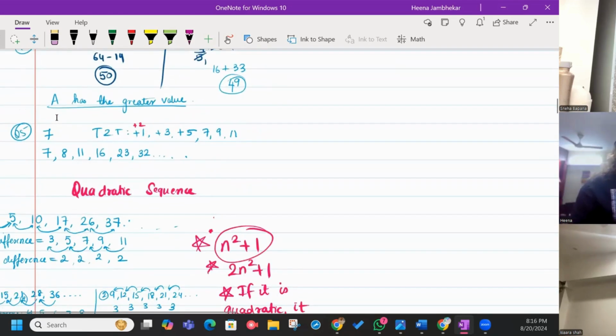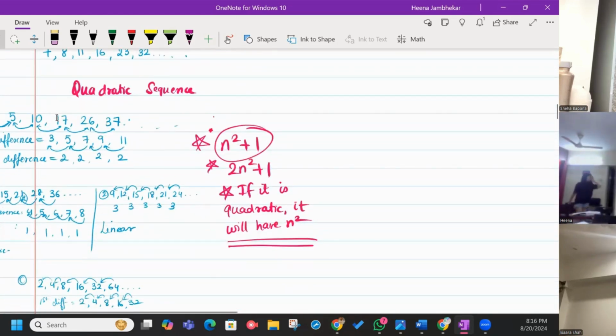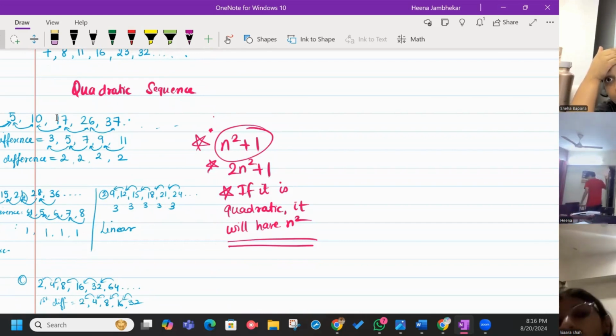Chalo, let's talk about this last topic. Quadratic sequence. Sir and that other sir, they're so confusing. It's in the easiest way possible.